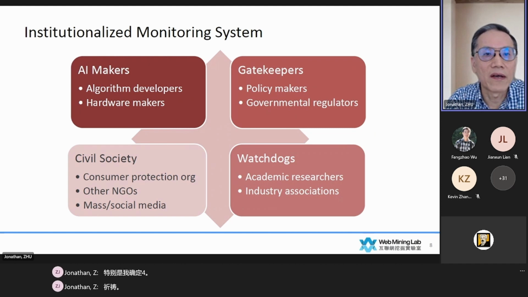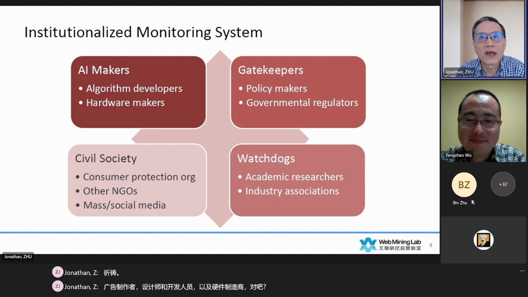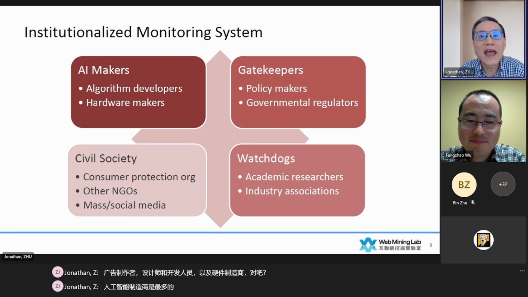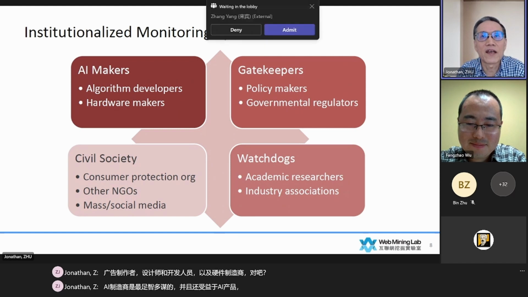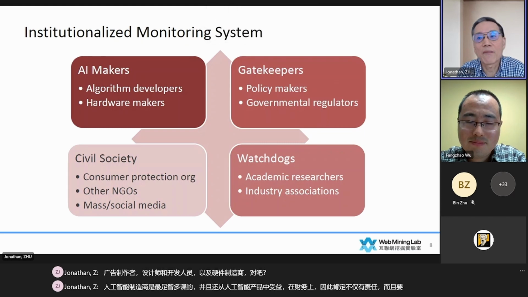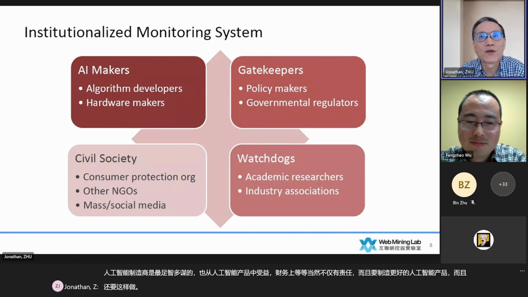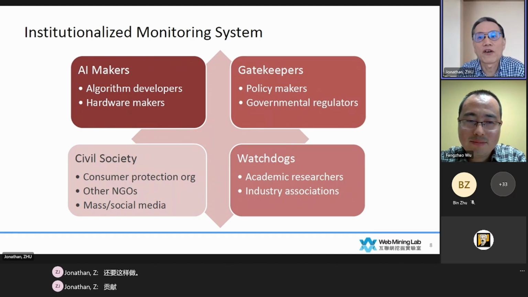First, AI makers, designers, and developers, and also hardware makers. The AI makers are the most resourceful and also benefit financially from AI products, and so they certainly have not only a responsibility to make better AI products, but also to contribute to the independent evaluation of AI products.